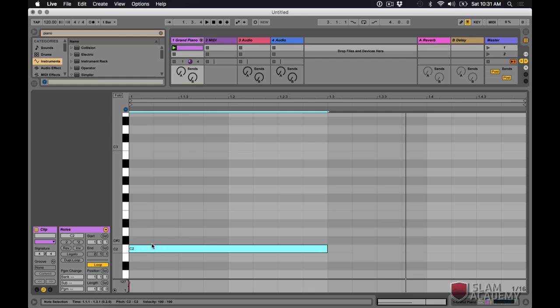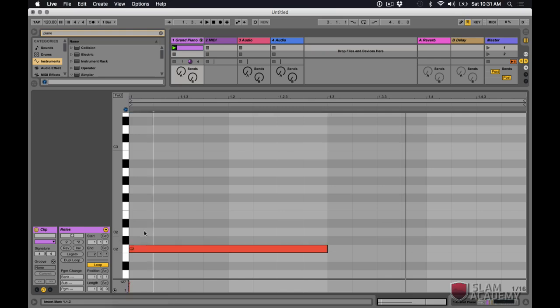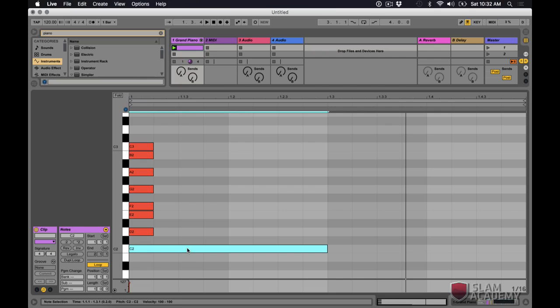So let's build a C major chord. So the root is going to be C. I know that. The next note, I'm going to go up the scale. Let me put my scale back here. Okay. So C is my first note.